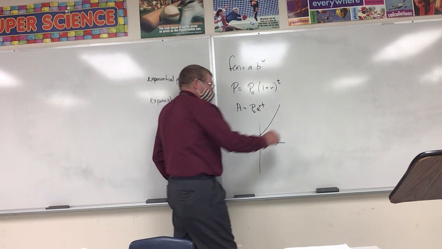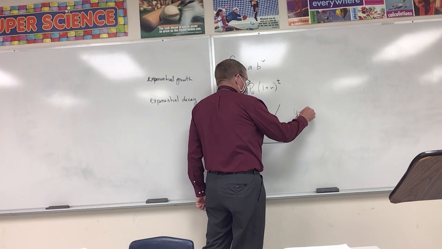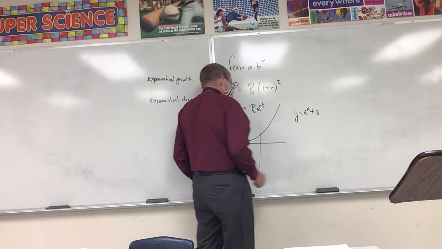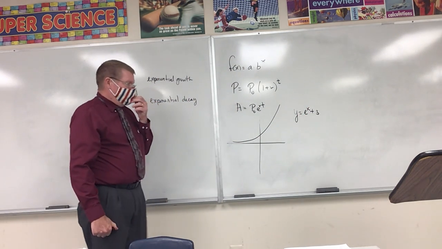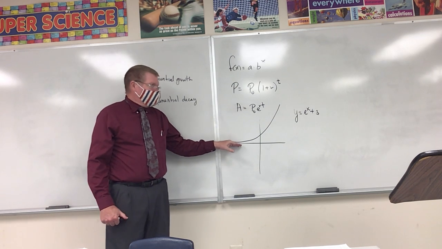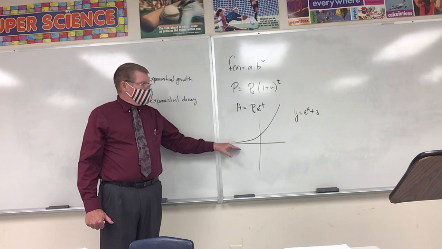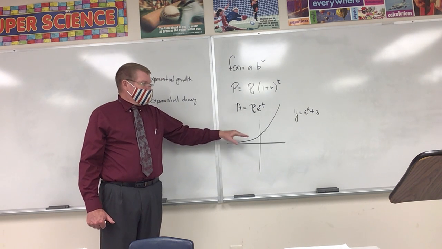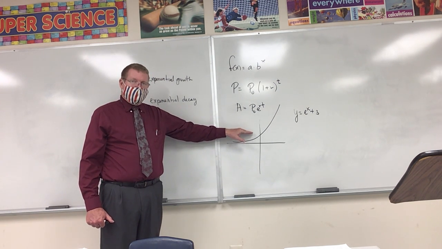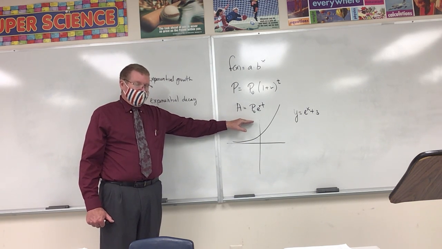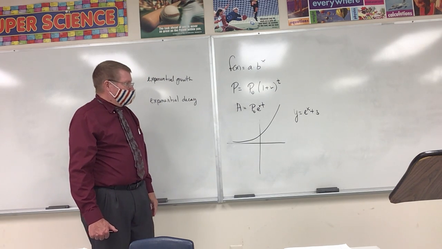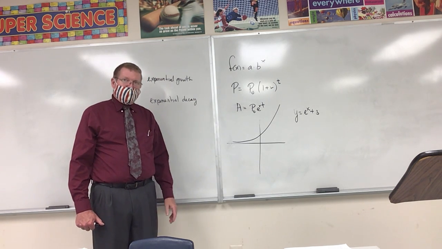So for the one that we're looking at, what happens to my asymptote? It moves up 3. So therefore, what happens to this 0, 1? It moves up to 0, 4. And so this is a growth, correct?